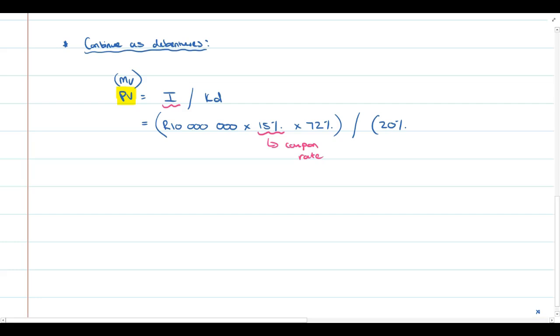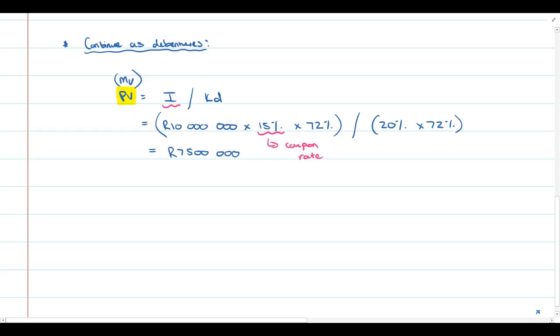And then please note once again, both your interest cash flow and the cost of debt must be after tax. So we need to multiply this by 72% so that we get the cost of debt after tax. This is then going to give me an answer of 7.5 million rand.